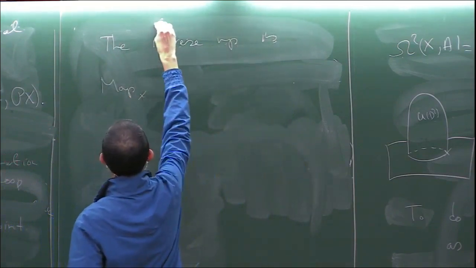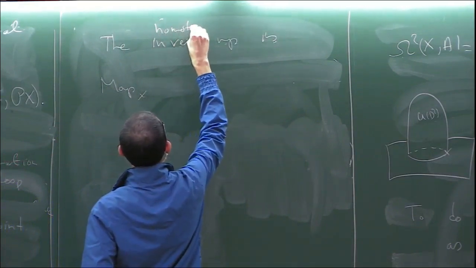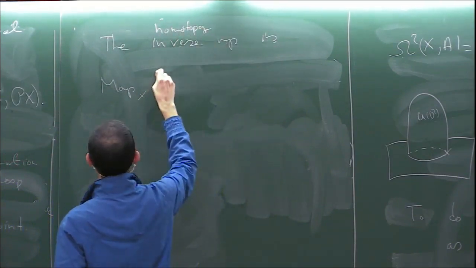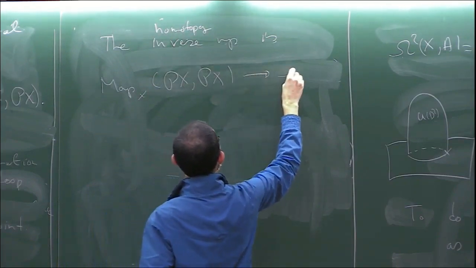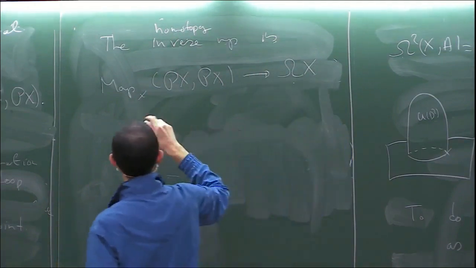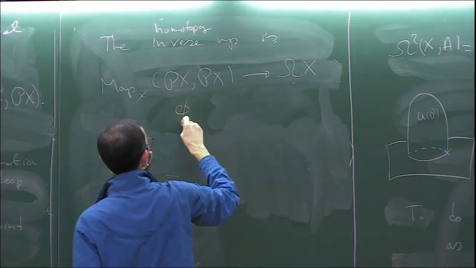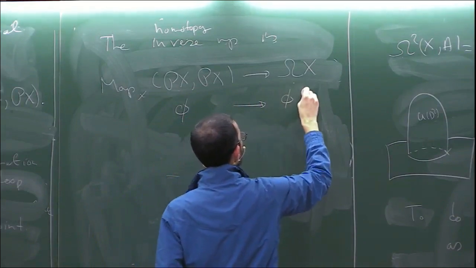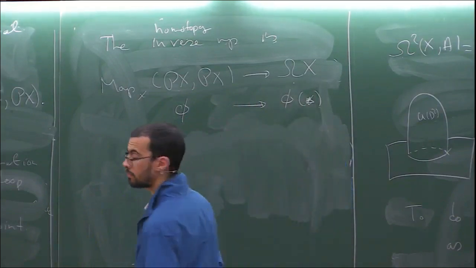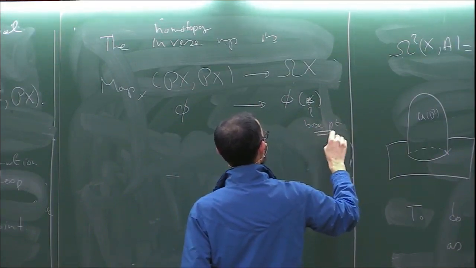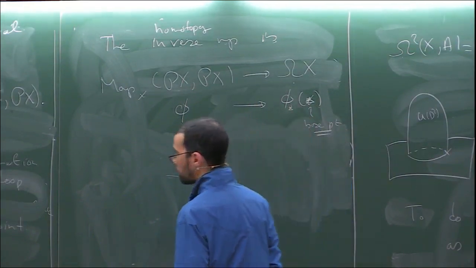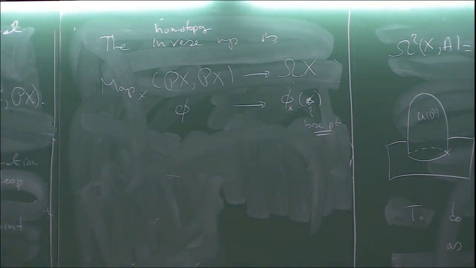Well, the homotopy inverse basically says if you have a map phi, it goes to phi of the base point, phi at the base point of the base point. Okay, so we have maps in both directions.